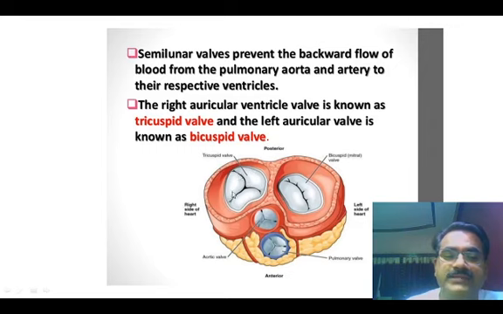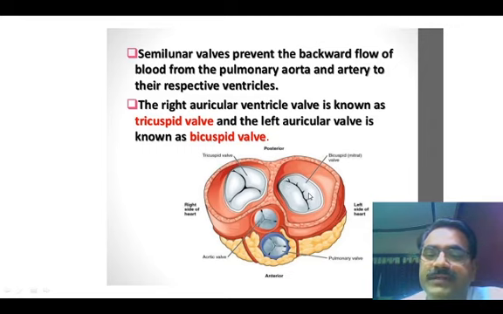The tricuspid valve is present at the opening of the auricle into the ventricle, and at the junction of the left atrium and left ventricle, the opening is guarded by the bicuspid valve.